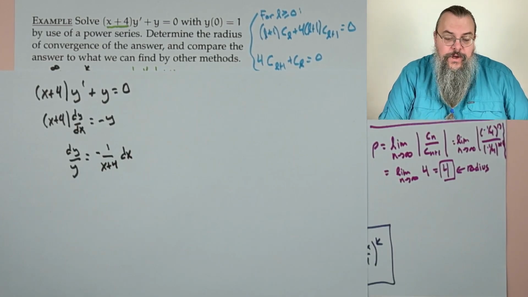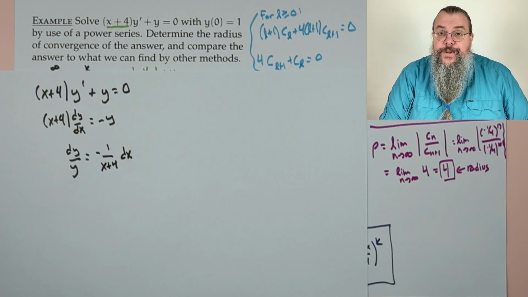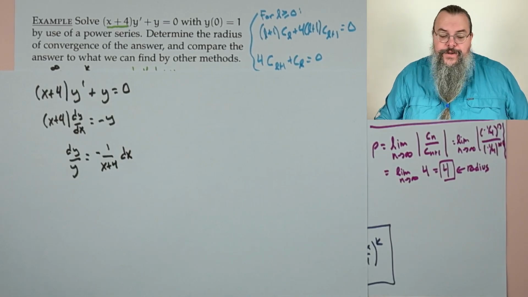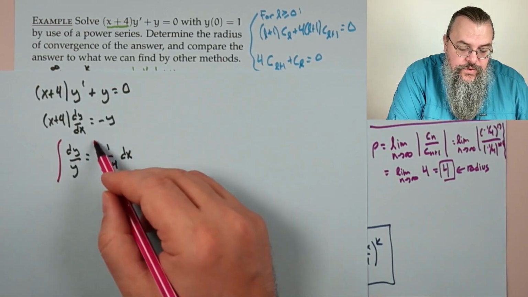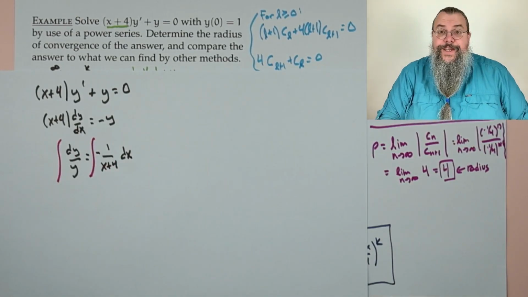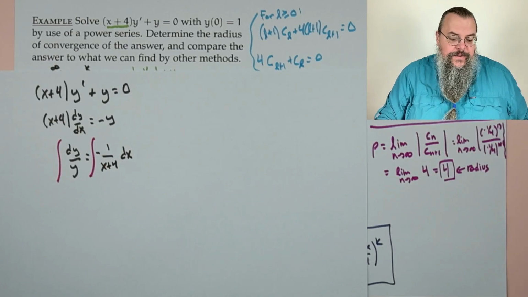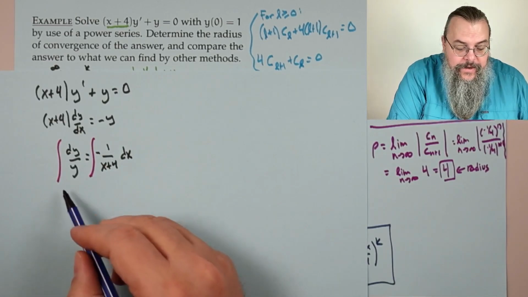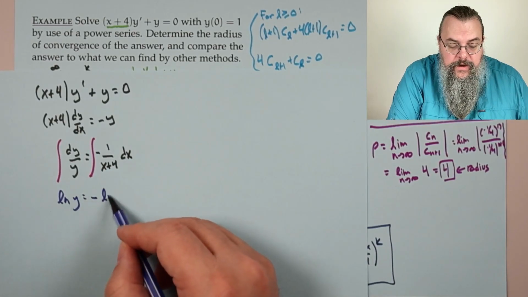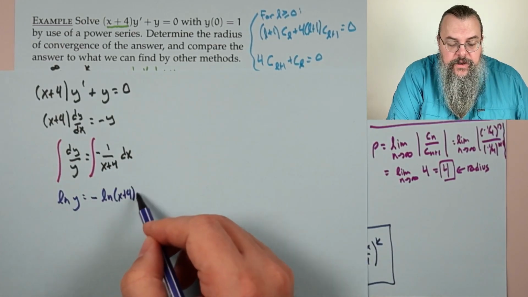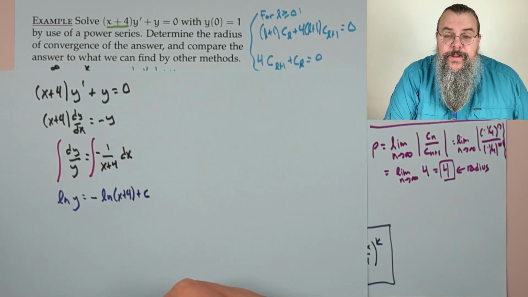All right, so now what do we do? We're going to integrate both sides. What does that give us? Log of y is negative log of (x plus 4) plus c.